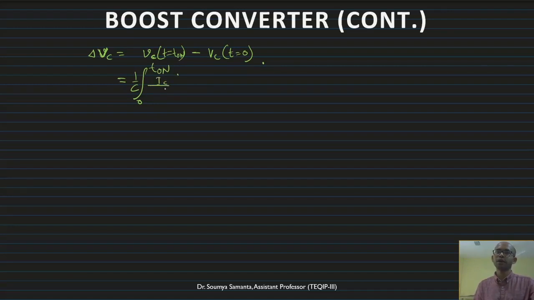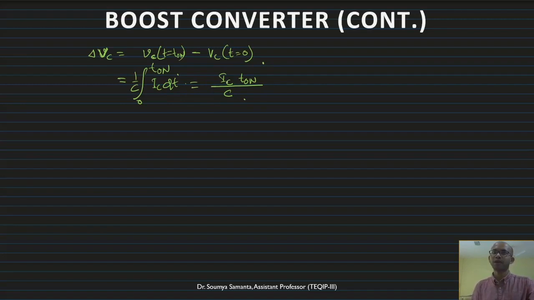Integration of IC average value, IC into dt. So this will basically be IC into T on by C, T on minus 0, so this will be T on IC.